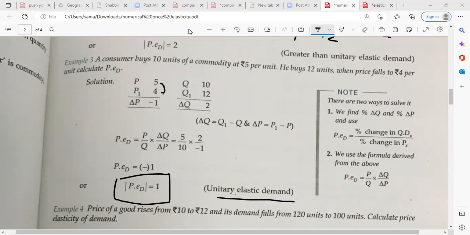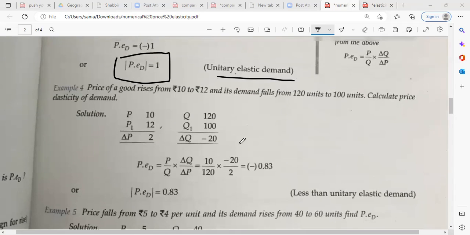Done. Okay. So you got it like this. This one, 0.83.